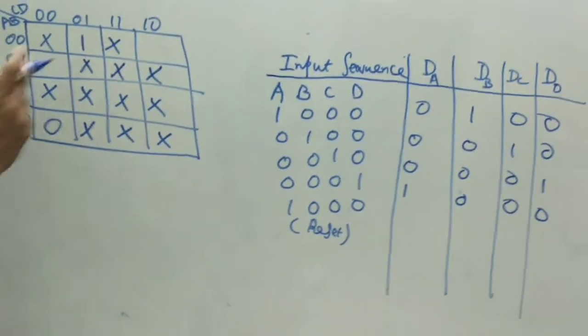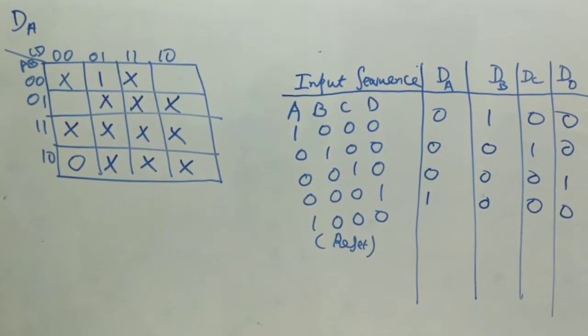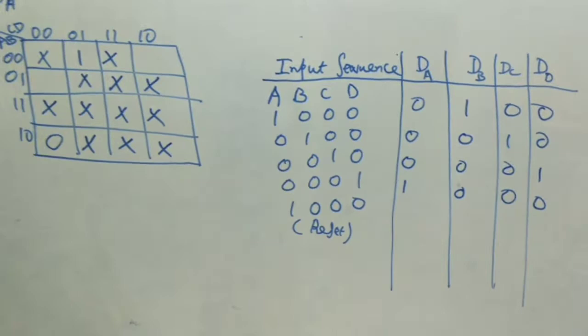If the number contains two ones, we need to consider it as a don't care, because we have got values consisting of only a single one.